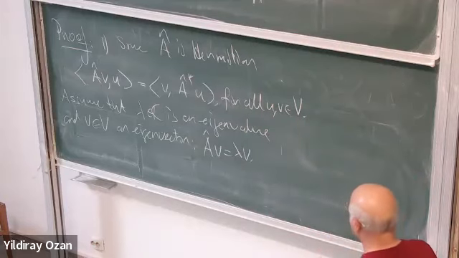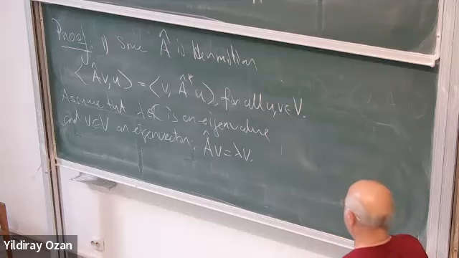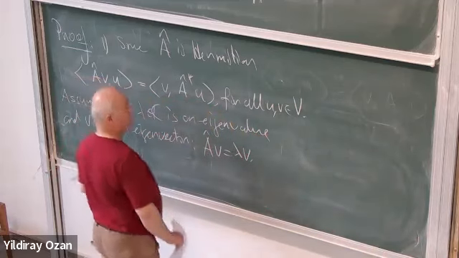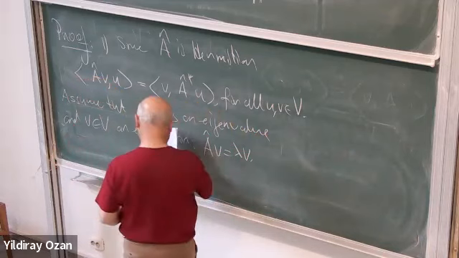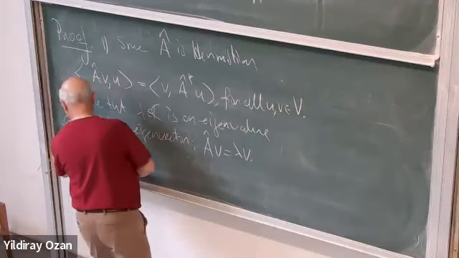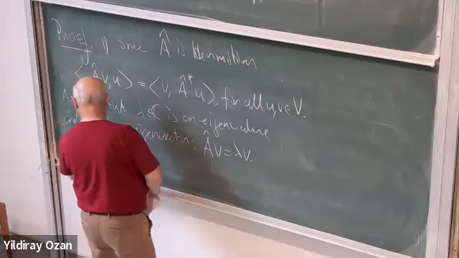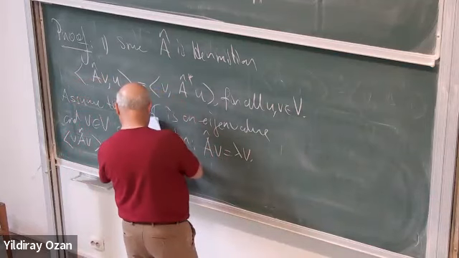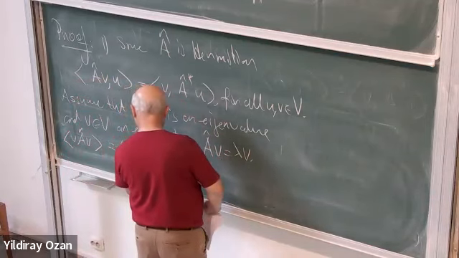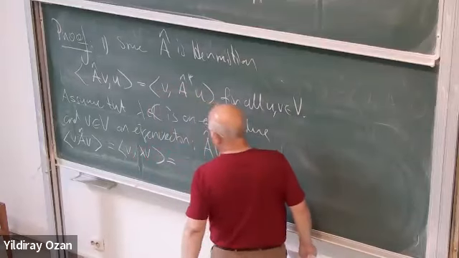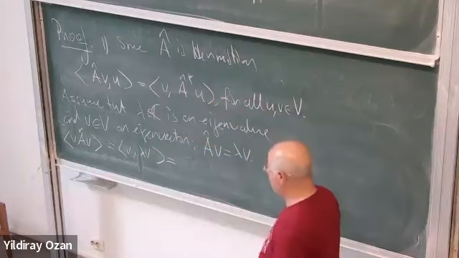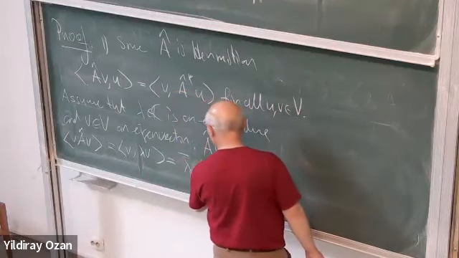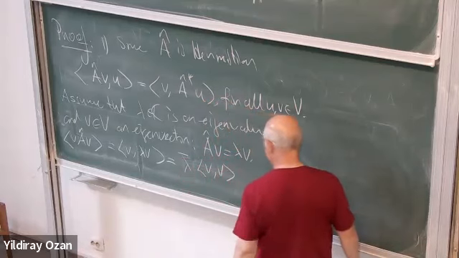Okay. Then şuraya yazayım. So what is this? This is equal to lambda times the inner product, right? And since this is a Hermitian product, this lambda goes out as lambda bar. So it works.